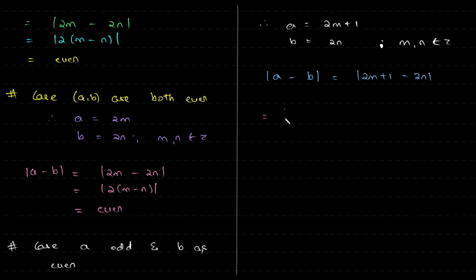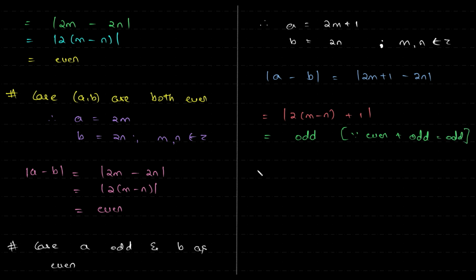So this is 2 times (m minus n) plus 1. So anything that is added to an even number, if it's an odd number, will result in odd. So this will result in odd, because even plus odd is odd.